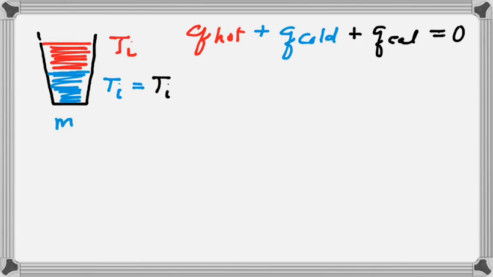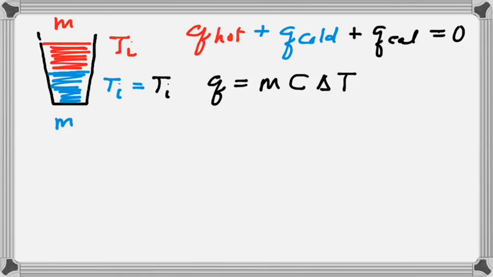So for each of these Q's, we have the equation Q equals mc delta T. I forgot to mention that the warm water also has a mass that's usually going to be given. So we have a mass here given of the warm water.